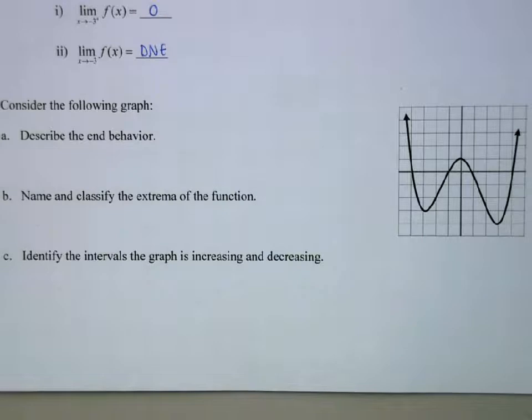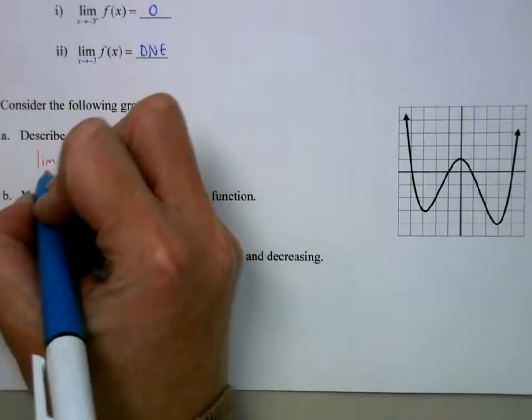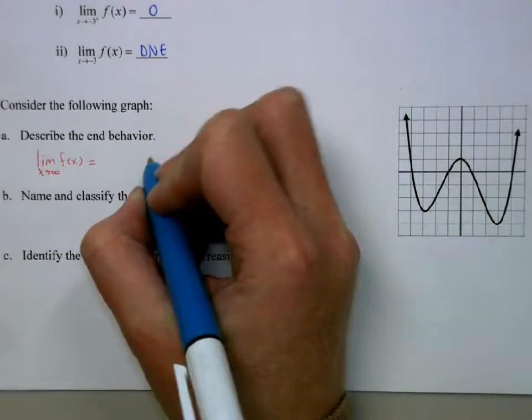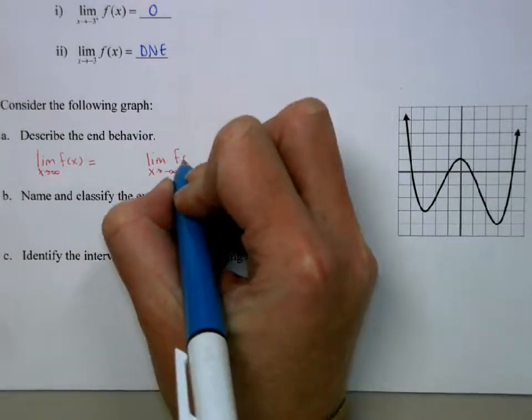Okay, so next we have this graph, and we're going to do some different analysis. So first, end behavior. End behavior is always looking at the limit as x goes to infinity of our graph and the limit as x goes to -infinity of f of x.